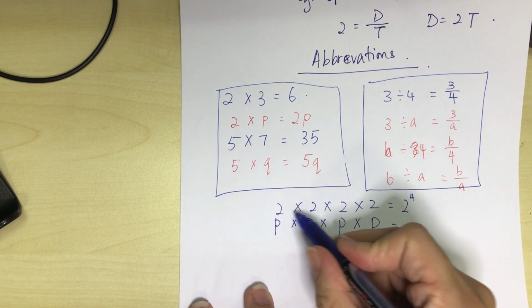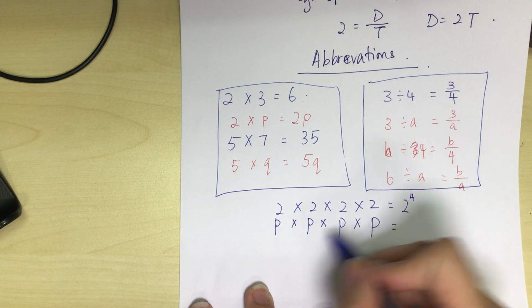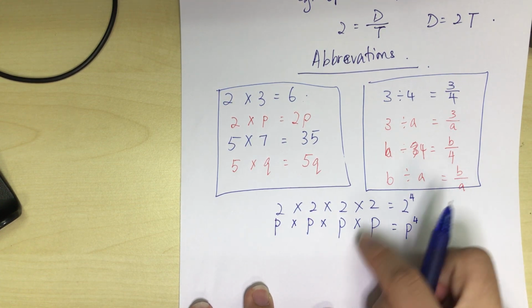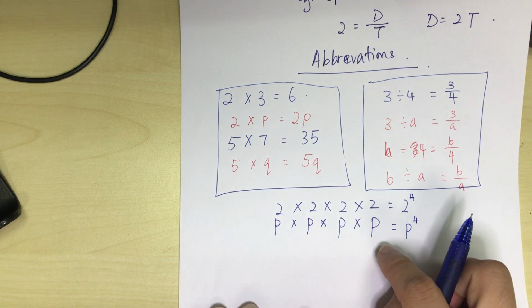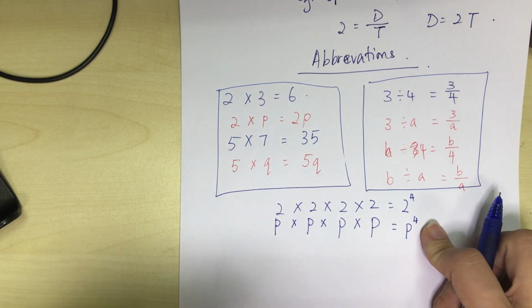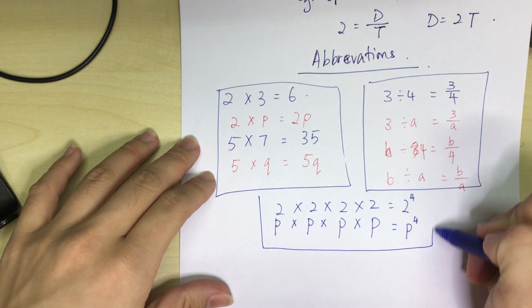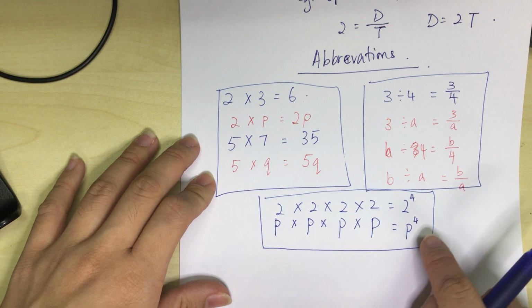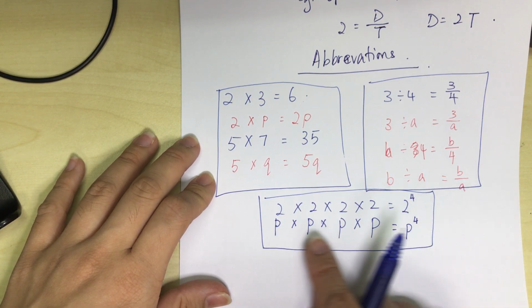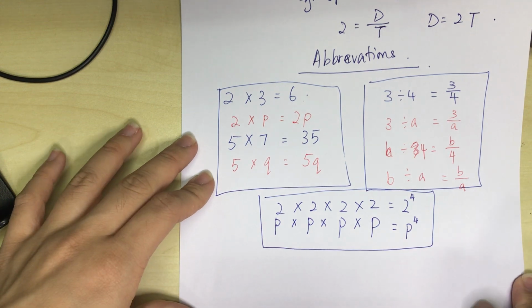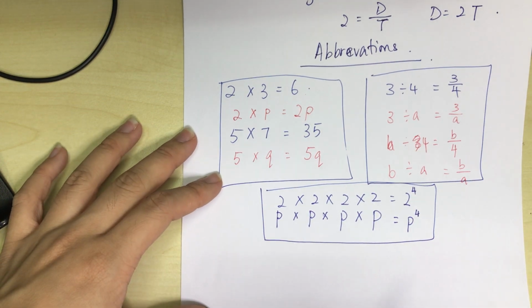So instead of writing 2 four times, in this case it's P, so it's P to the power 4. Now, this P can represent any number. Okay, so if P is 5, then it will be 5 to the power 4. Okay, so this is the next abbreviation. The letter that is repeated will be the base, and the number of times it is repeating will be the power.